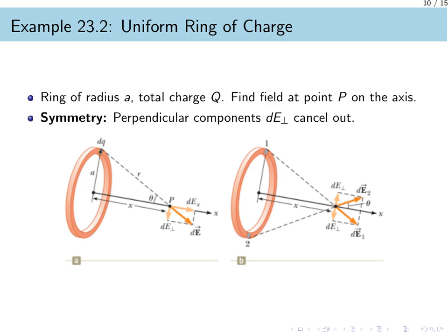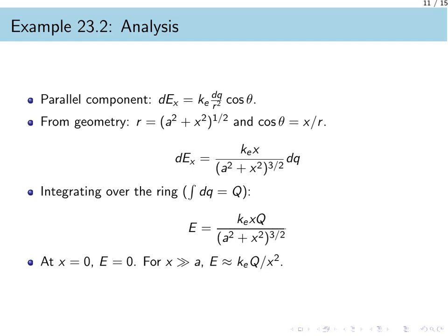Therefore, we safely ignore the perpendicular components and only need to integrate the field components that are parallel to the x-axis. The parallel component of the electric field from one segment is the Coulomb constant times the charge element dq divided by the distance r squared, multiplied by the cosine of the angle theta.